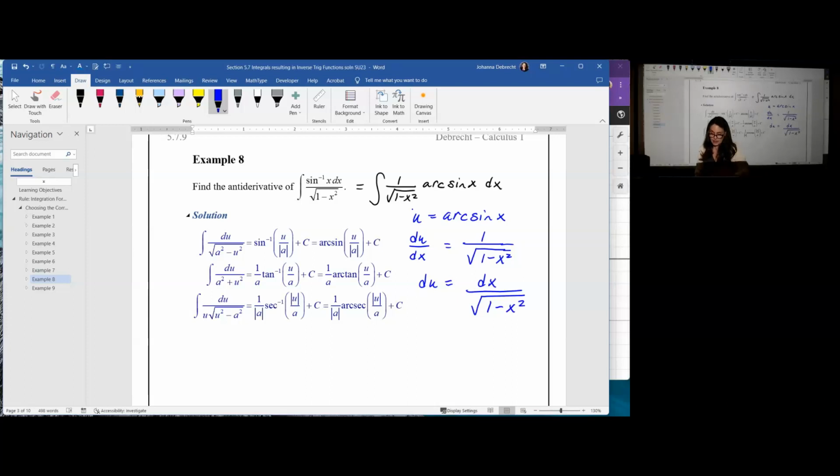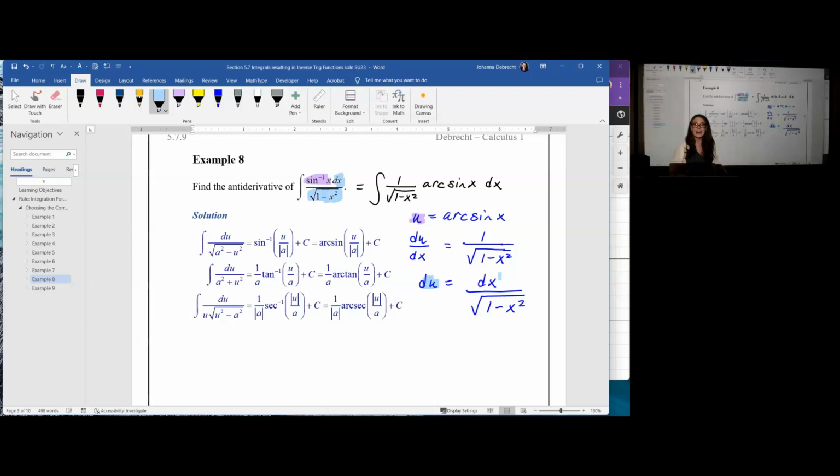Now that we have this, we take a look at the original integral and see what substitution we can make. In this case, I'm going to be substituting u in place of the arcsine of x, the part that I've highlighted in purple. And I'm going to be taking du and replacing du with this dx divided by the square root.